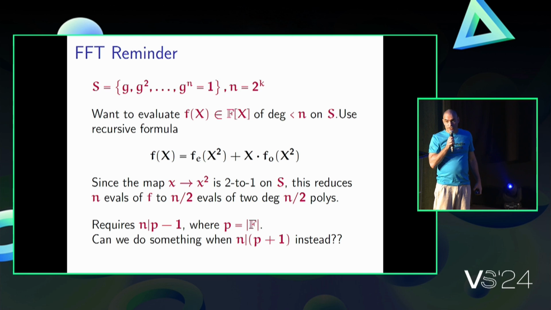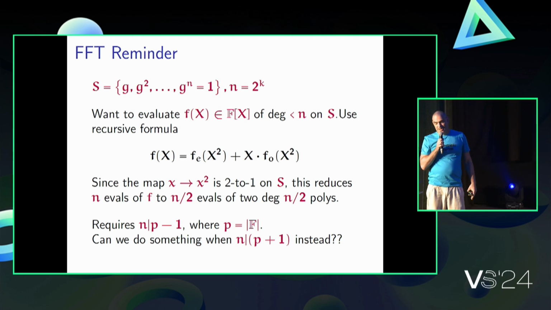Why are people interested in this? Because they want to work with the simplest field possible in terms of its representation in binary form. And that's what's called a Mersenne prime, where p is 2 to the k minus 1. So, for example, everybody's working now with 2 to the 31 minus 1.